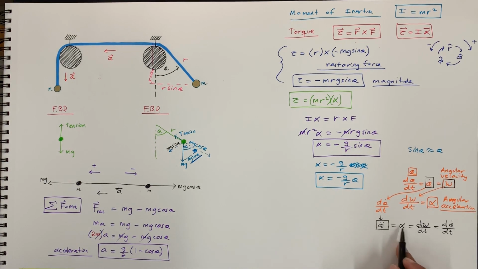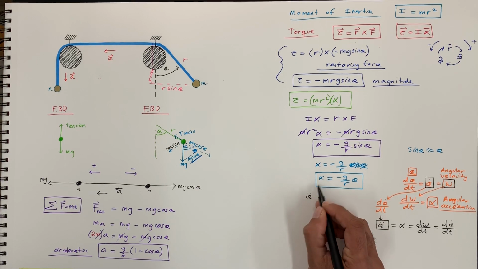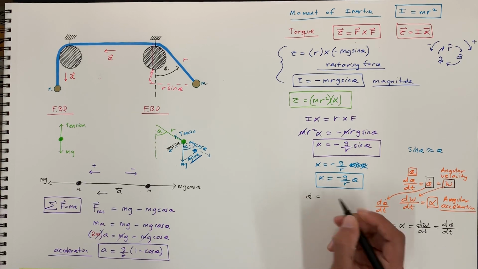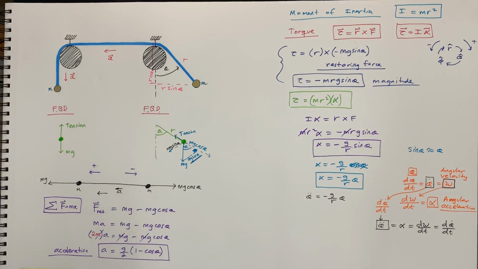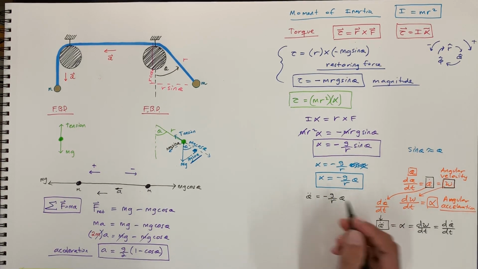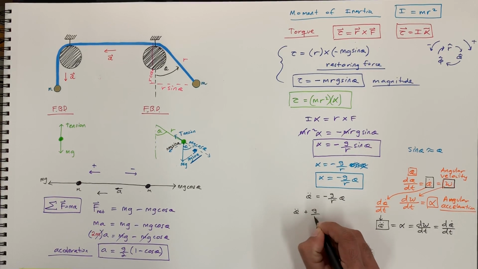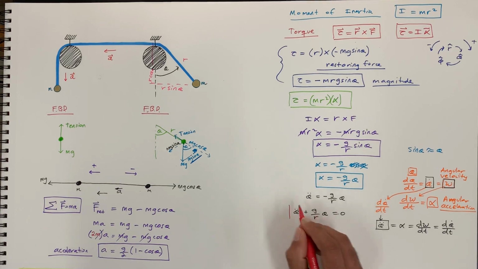Now we have theta double dot equal to negative g over r theta. Now we've got everything in terms of theta, which is our goal. And when we pass this to the other side, we have theta double dot plus g over r theta equal to 0. Now we've got something more familiar.